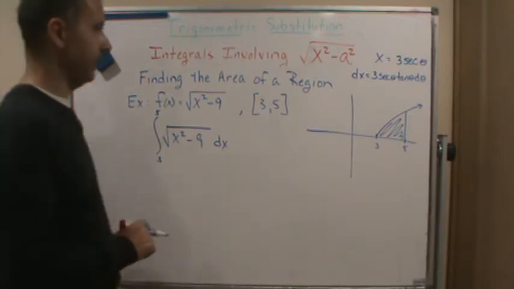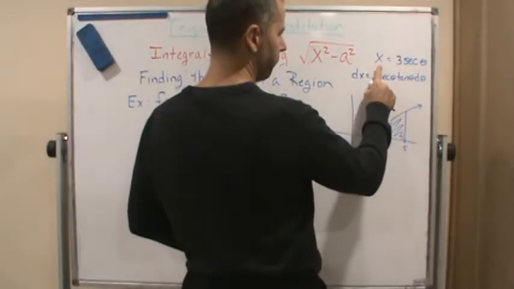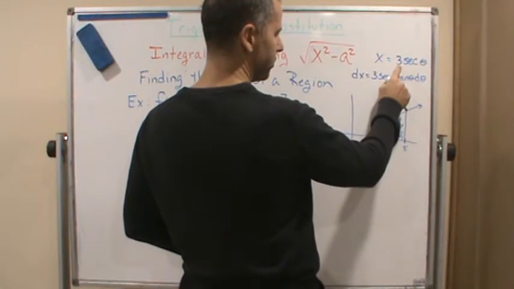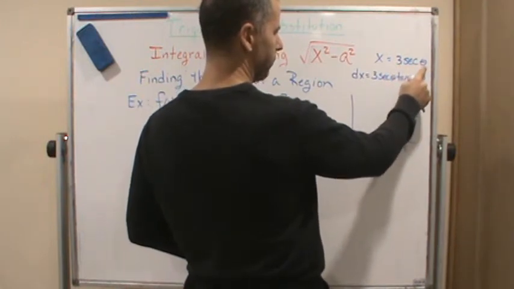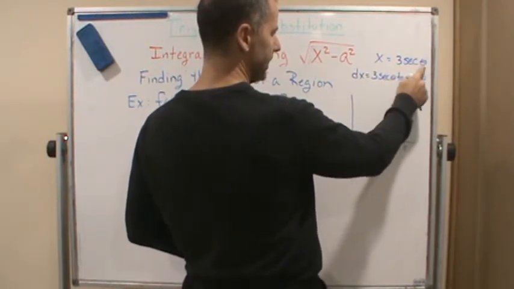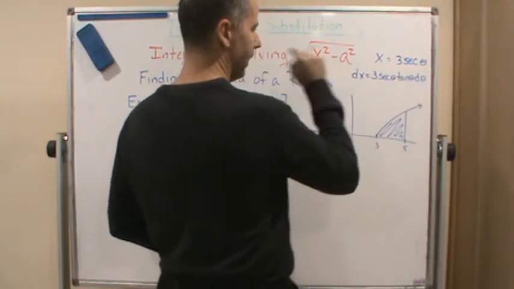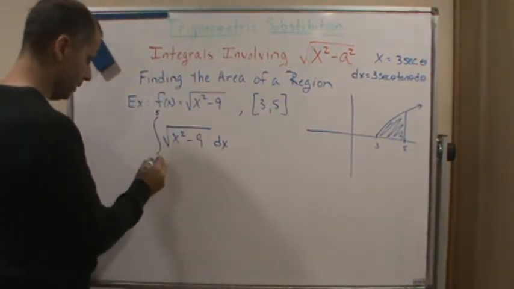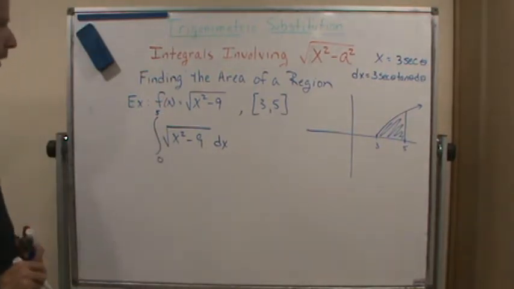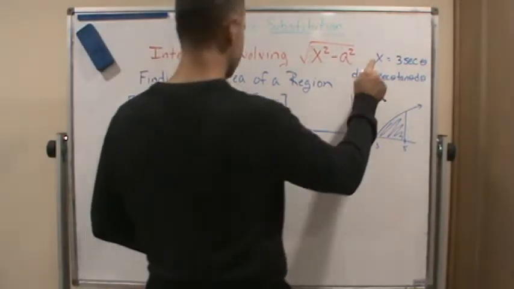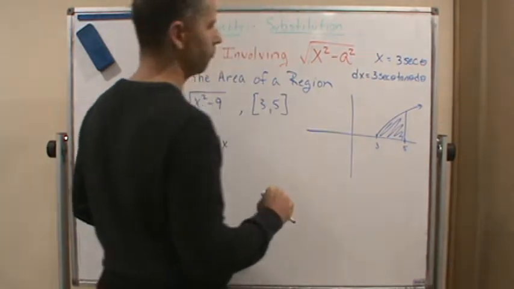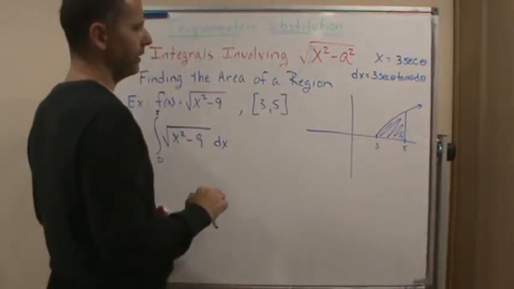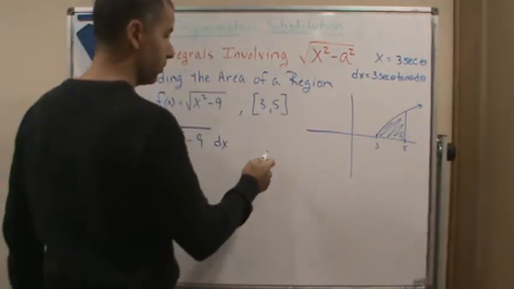If x is 3, well, this is 3 here, so that means that theta would have to be 0, because then the secant of 0 is 1, and that'll do it. And then if x is 5, well, that's going to be a little bit trickier, so let me just write it out here.